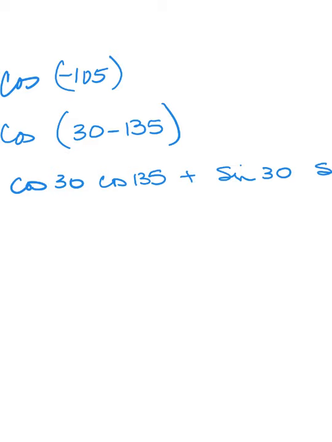Does everybody see what I did? I just followed the formula. This is alpha, this is beta, and put it in the formula. Okay. So tomorrow we're going to continue that.